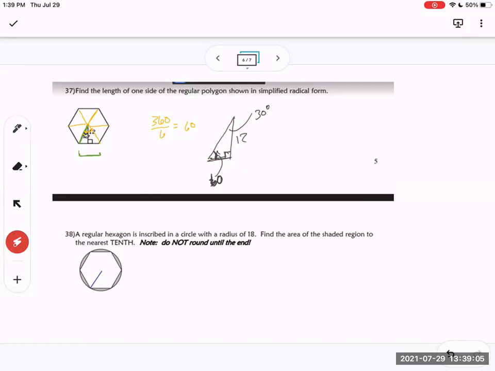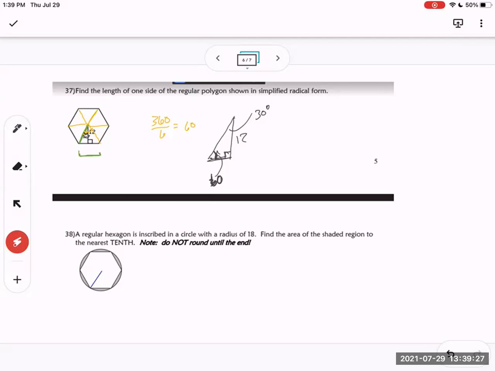Y'all remember that? 30, 60, 90 triangles, how to go from the medium side to the small side? Yeah. There's other ways to do this, but I think that's the way they would expect you to do it. You could use trig to do this, but you guys don't know trig yet. So you can't use trig. When you get to that, there's a different way you could do it.